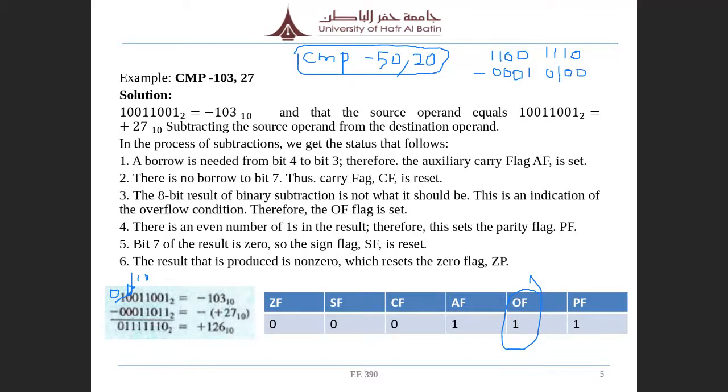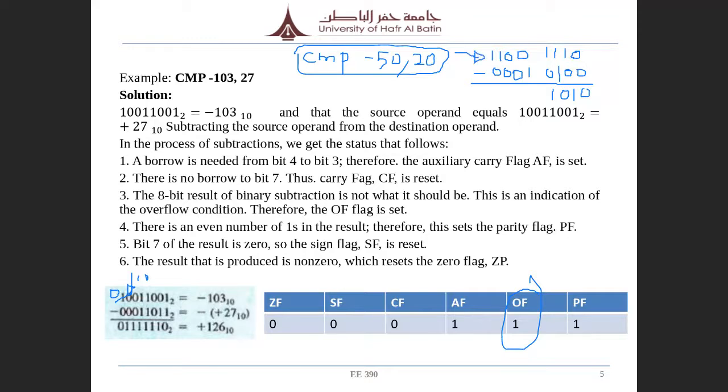Now let us perform the operation. 0 minus 0 is 0, 1 minus 0 is 1, 1 minus 1 is 0, and 1 minus 0 is 1. Then here it is 0, and 0 minus 1, so we need a borrow. Get the twos complement of 50, it is this one.